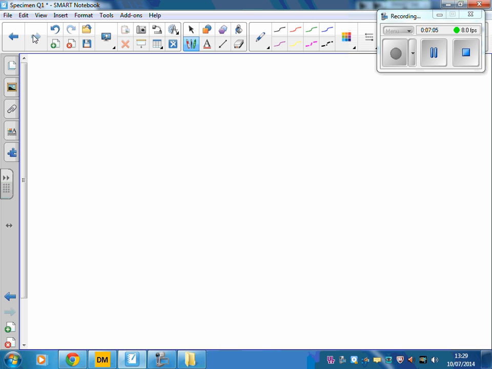Okay, let's go to the next page. So P cos theta equals mu times mg minus P sine theta. Now I have to rearrange this equation in order to get the expression for P.